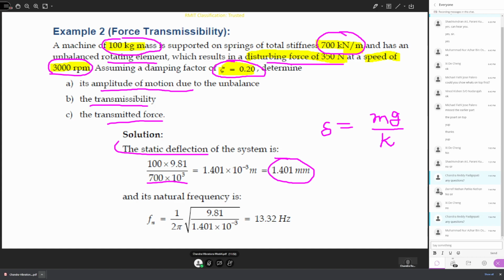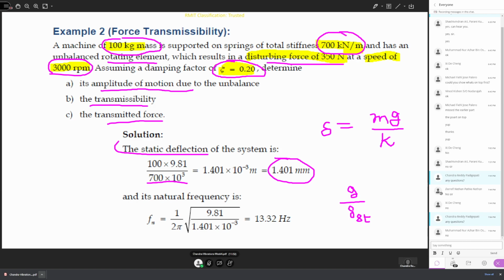Then you can calculate the natural frequency of the system. The natural frequency is g over the static deflection, so g over delta static.